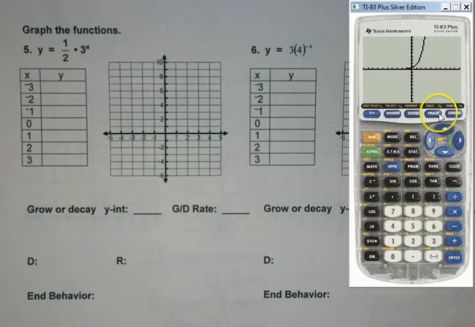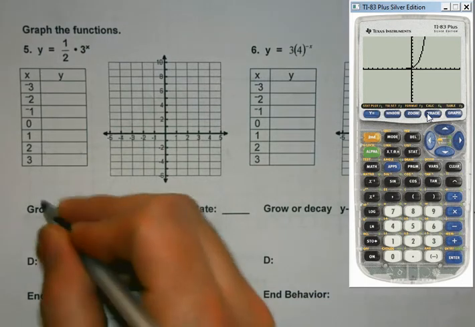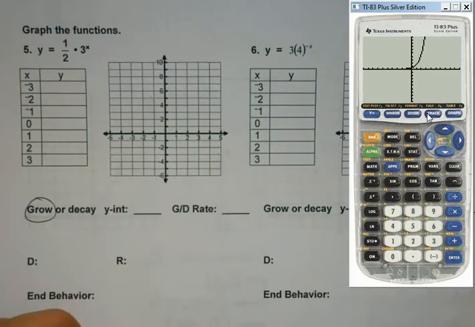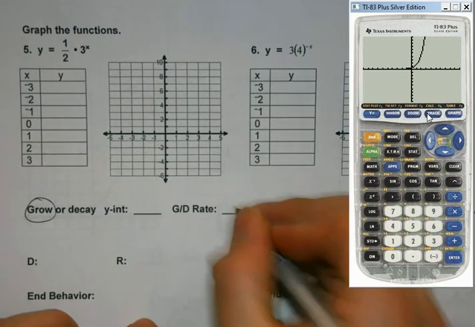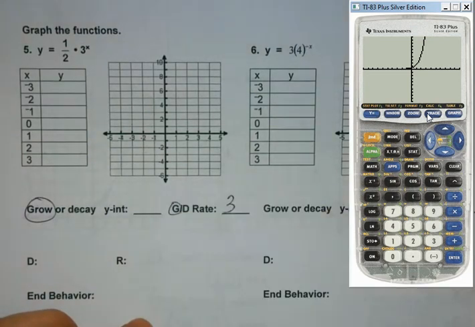So we start to take a look at a couple of things before we even start with this one. Is this growth or decay? Should I ask that before? Okay, it's going to be growth. What's my rate of growth? What's my b value? 3. Okay. Growth rate of 3.